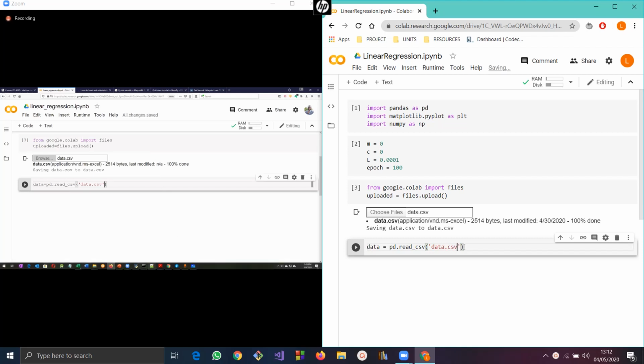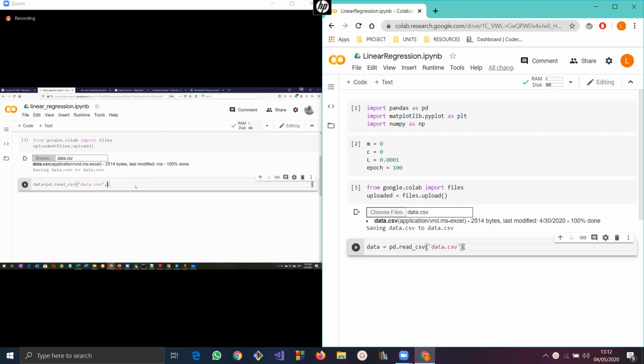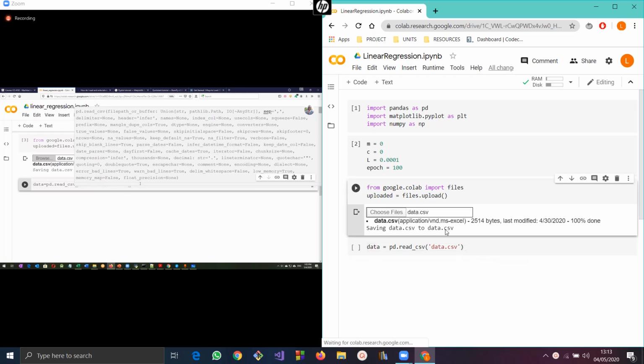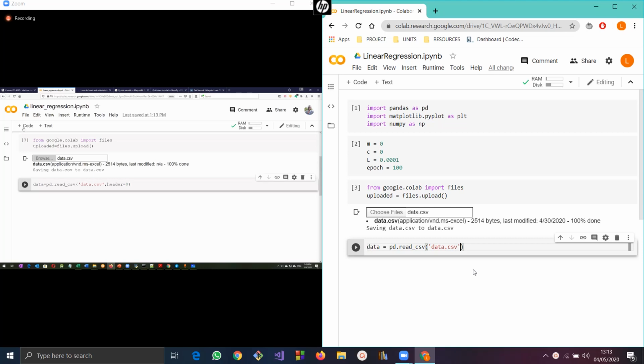I just want to tell the column that the first row is actually just the header. The easiest way is to say header equals 0, like that. All these are arguments that you can pass in there. Let's run that one and see. So we have our data.